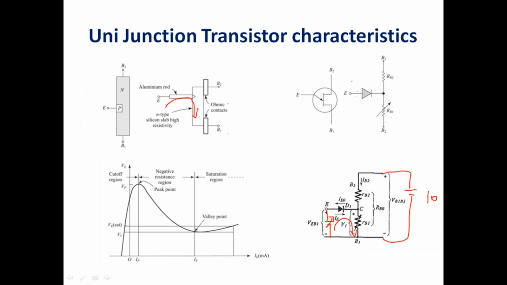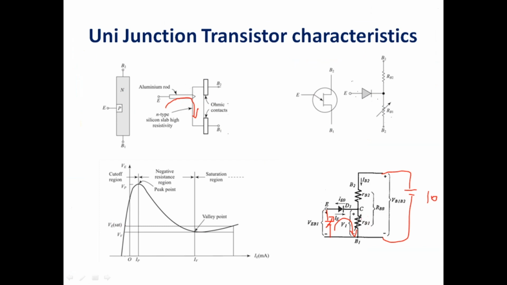When the emitter current is 0, meaning this diode is not forward biased, there is no possibility of current flowing to this lower layer. So this RB1 is very high, in terms of kilo ohms, like 5 kilo ohm or 8 kilo ohm.